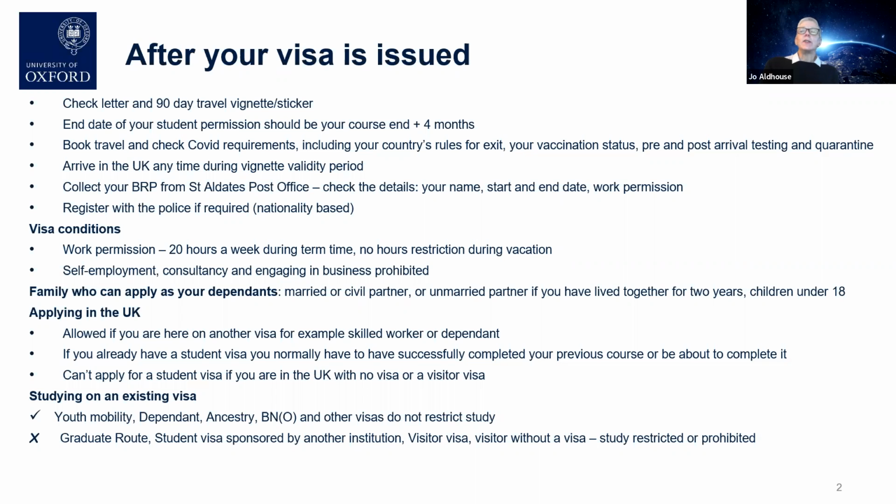Okay, and the other thing you need to do is not strictly a visa requirement, but you need to check all the COVID arrangements. I really hope that everything has improved an awful lot by the time you're coming to the UK, and this kind of complication hopefully will just be a thing of the past. But if it's still ongoing, check all the rules, check the rules for leaving your own country, and check whether there's any measures in place for your arrival in the UK.